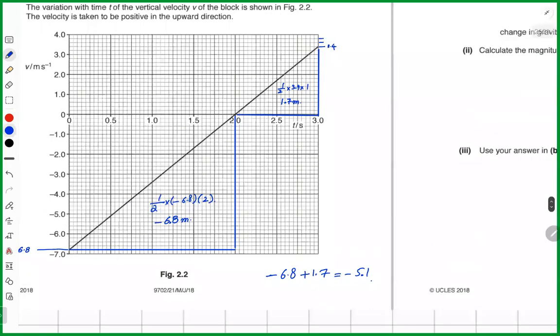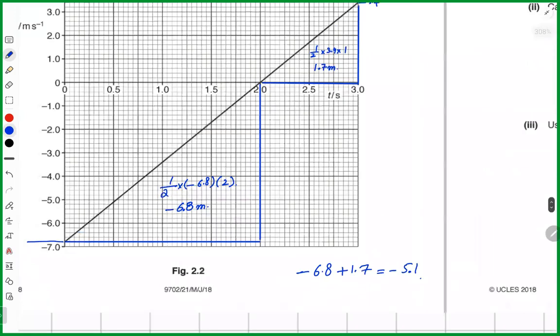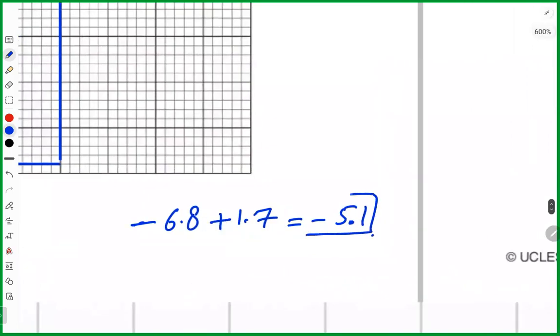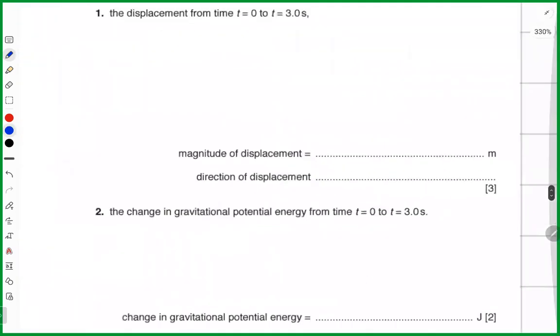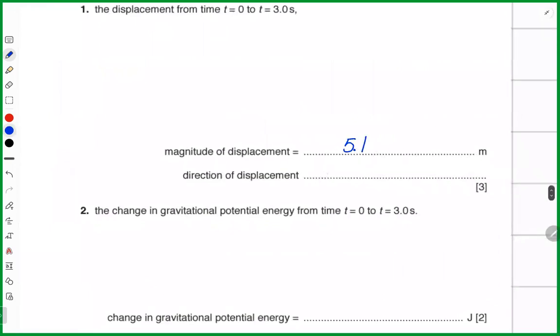Now, the velocity is taken to be positive in the upward direction. So it means downward direction is negative, upward direction is positive. So we are having a displacement which is negative. So we say 5.1 meters, and direction of displacement is downwards.